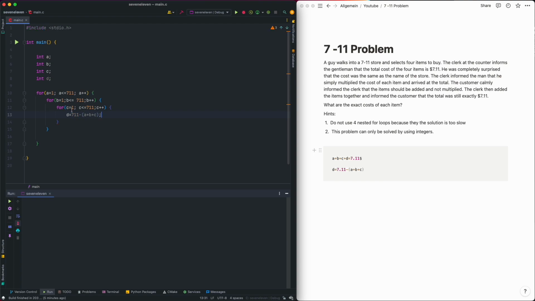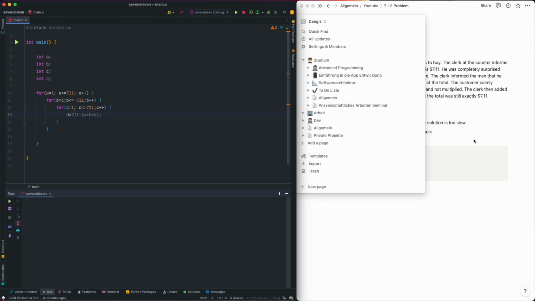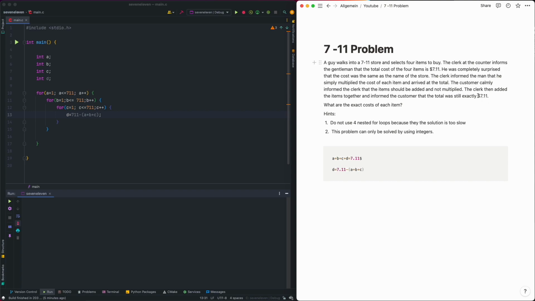We are in the third nested for loop. So now we have a value for D, but we don't need just some value for D. We need a value for D which is equal to $7.11. So how can we do this?